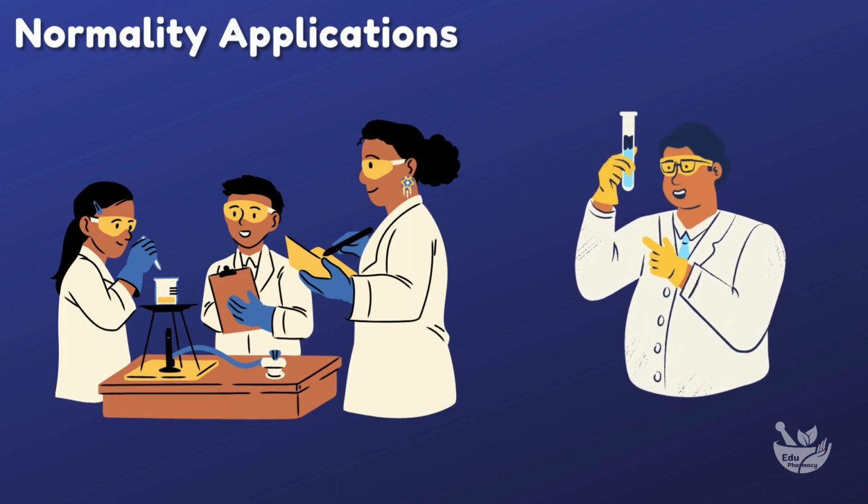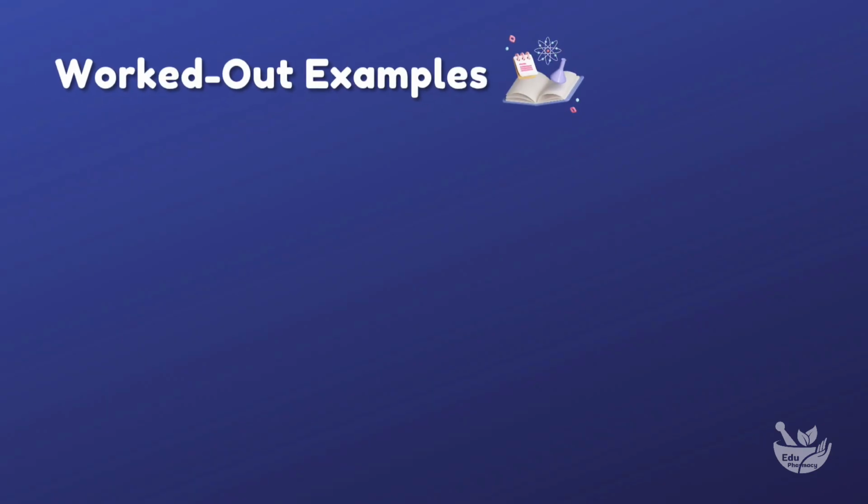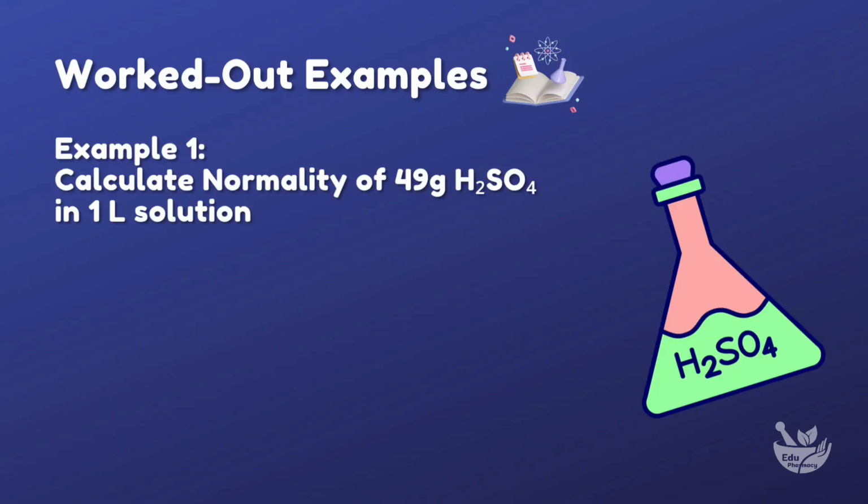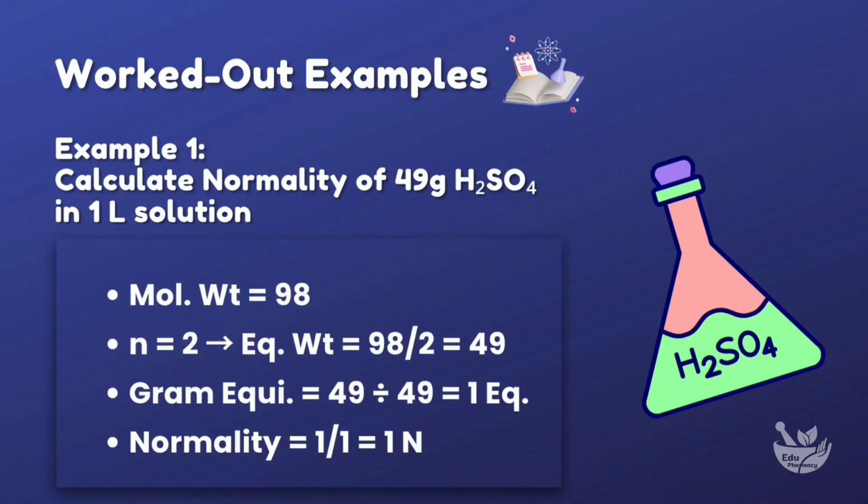Let's now solve some problems step by step. Example 1. Calculate the normality of 49 grams of sulfuric acid in 1 liter solution. The molecular weight of sulfuric acid is 98.